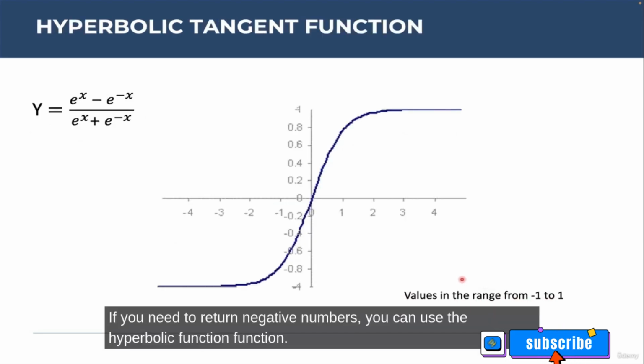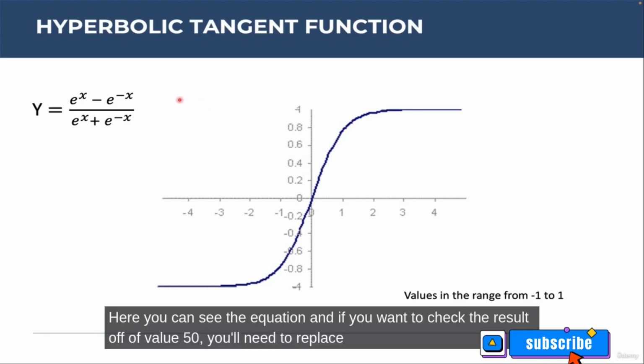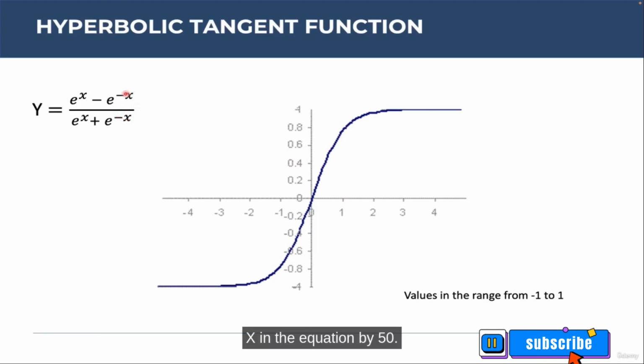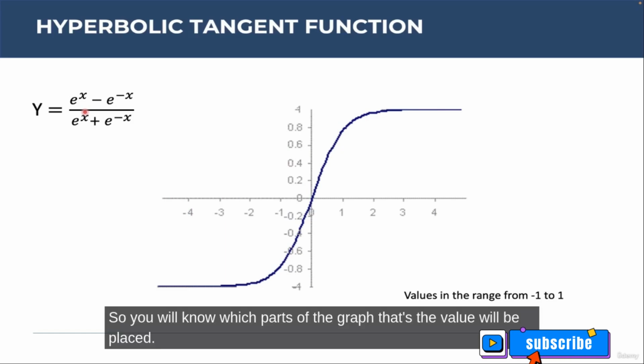If you need to return negative numbers, you can use the hyperbolic tangent function. Here you can see the equation, and if you want to check the result of value 50, you need to replace x in the equation by 50. So you will know in which part of the graph the value will be placed.